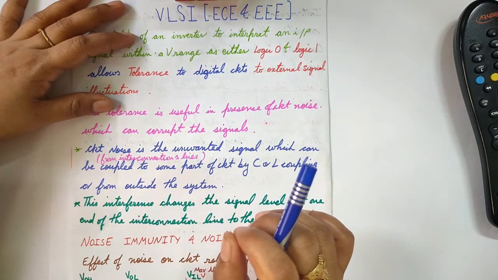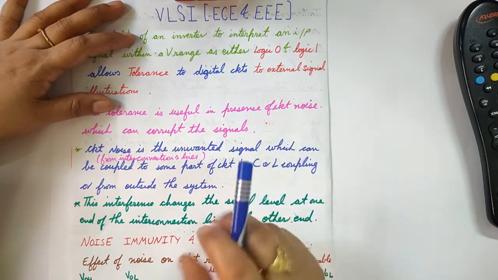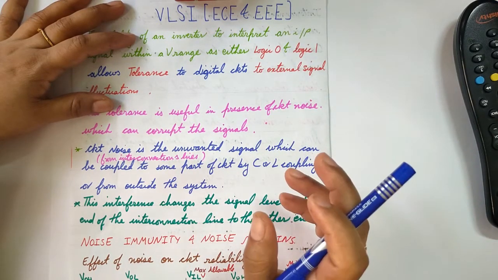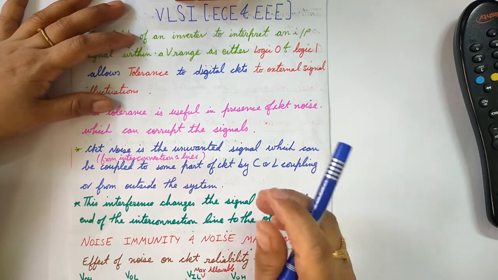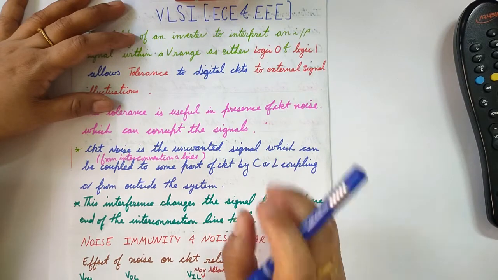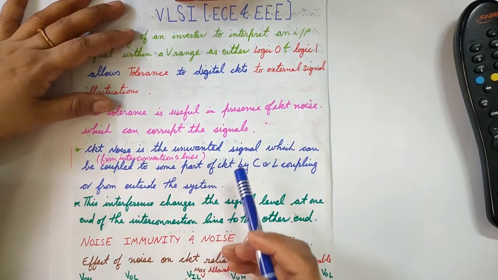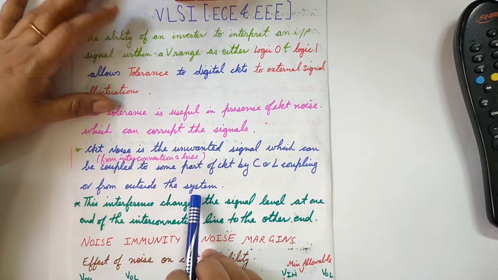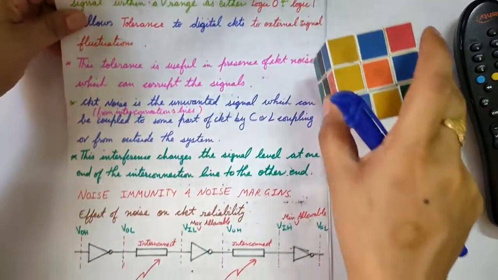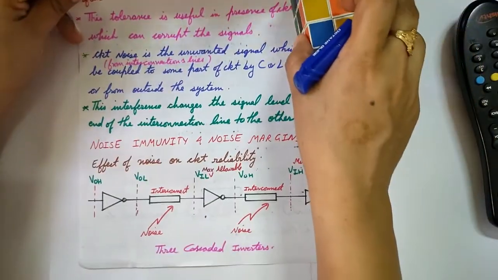This can happen by capacitive coupling or by inductive coupling, and this causes noise to be generated, and the input which is being fed to the device, gate or transistor just changes. This noise can also come from an external system. This will be explained well through this example.